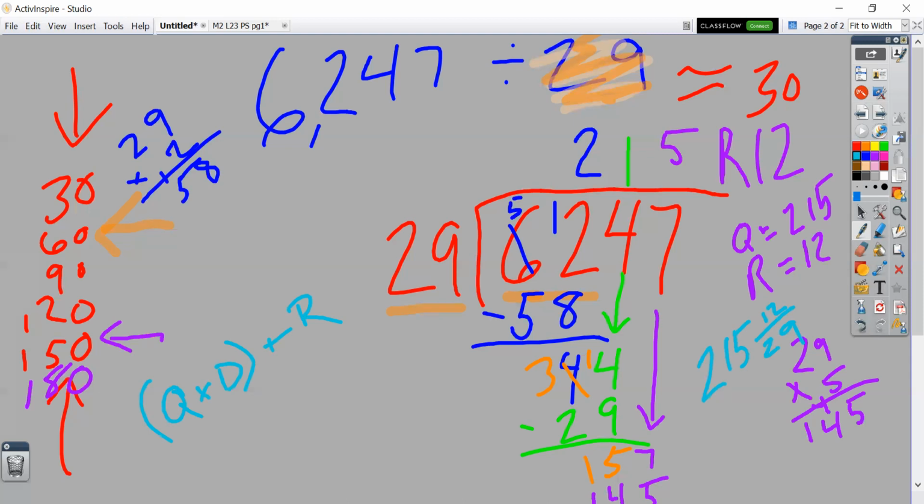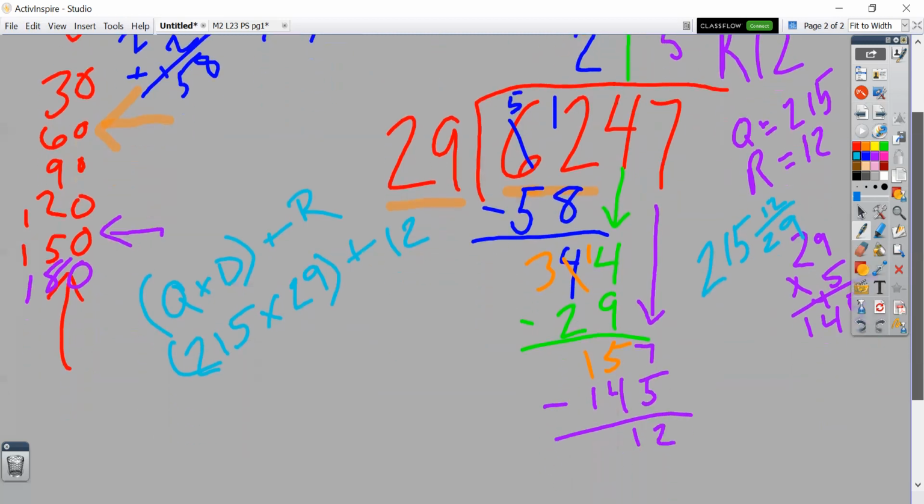We were only multiplying by single digit, but now we're doing multi-digit multiplication. In this case, the quotient's 3 digits, 215. The divisor's 2 digits, so 3 digits times 2 digits plus 12.